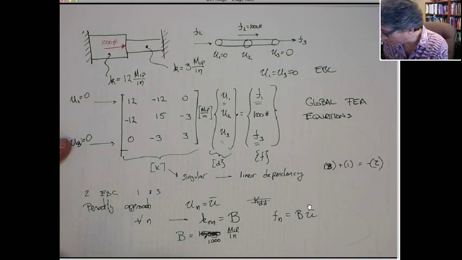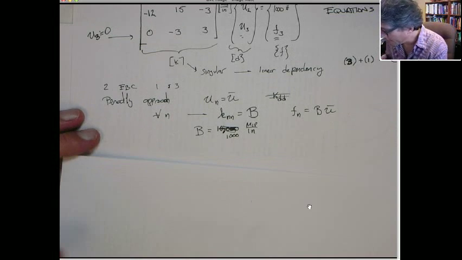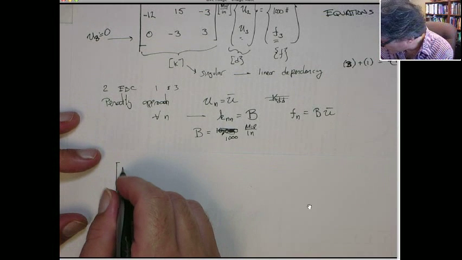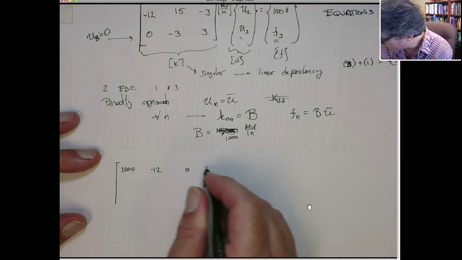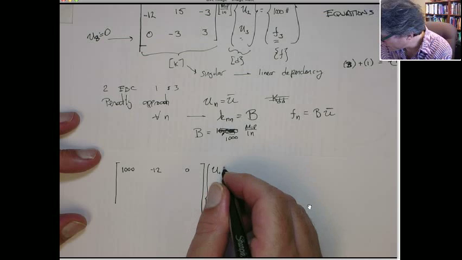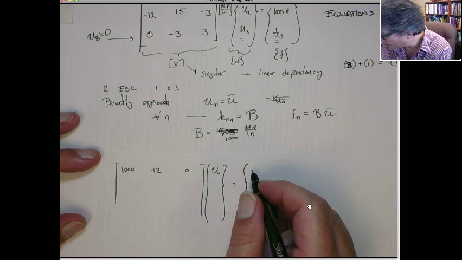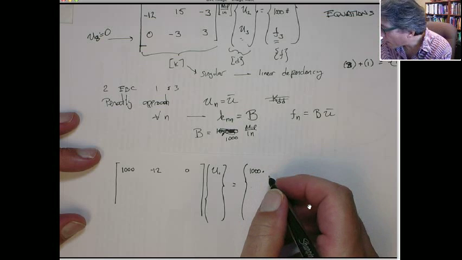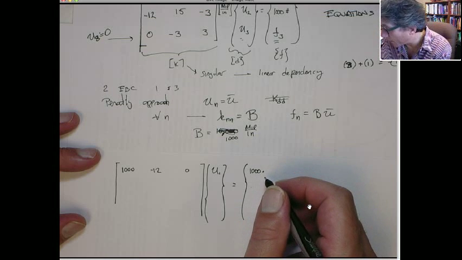So if we look now at the first equation, just to write the first line, I have 1,000 minus 12 times 0, u1 equals, and now on this side, we put the big number, which is 1,000 times the value of the displacement at the node that we have the essential boundary condition.